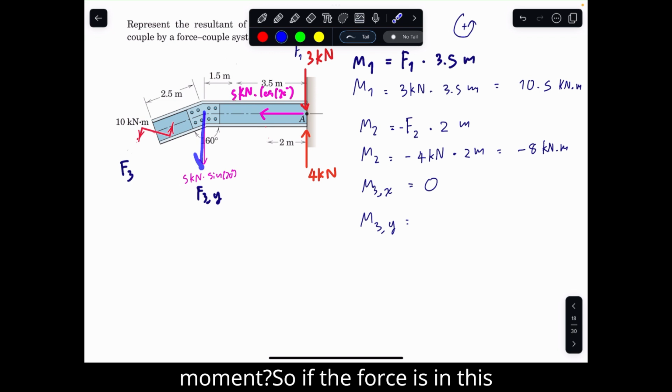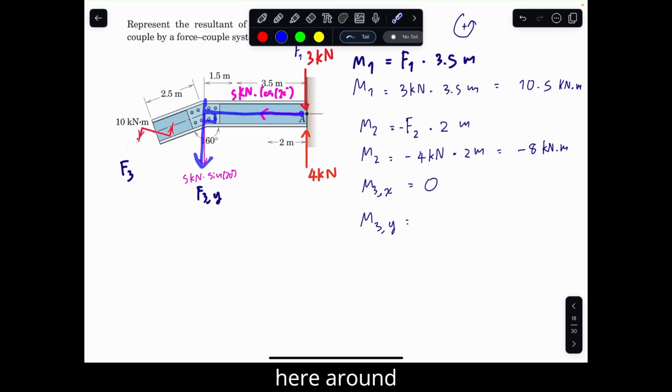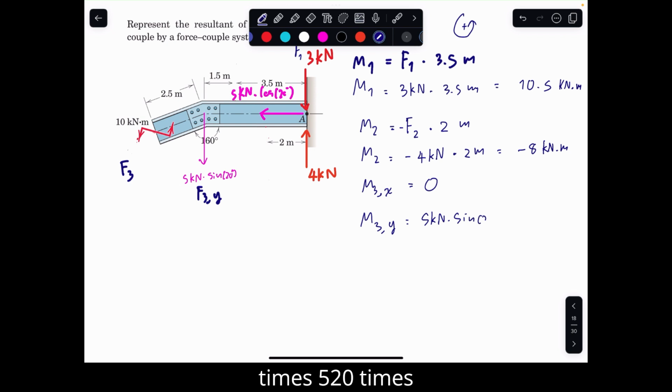So how does this force generate a moment? If the force is in this direction, it has a perpendicular distance here of around 1.5 plus 3.5, which is 5 meters. Okay, so we multiply the force of 5 kilonewton times sine 20 times 5 meters.